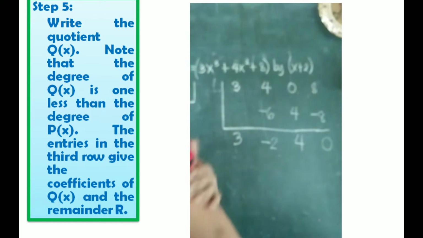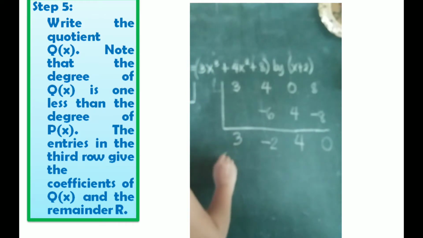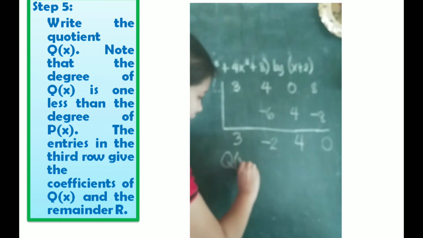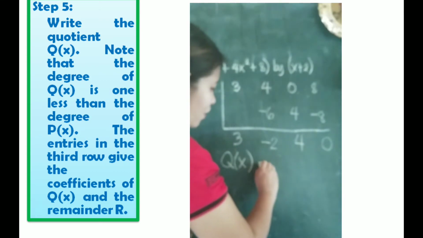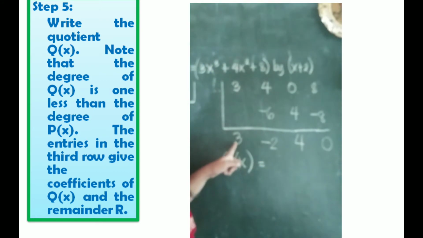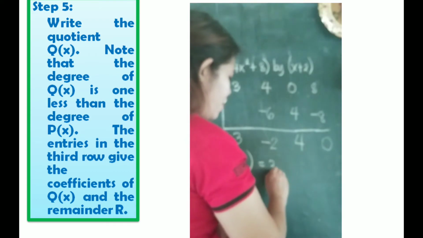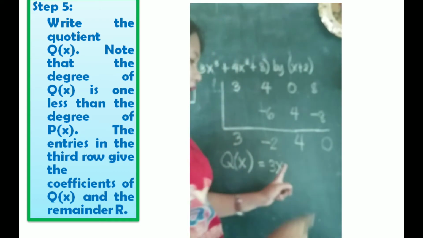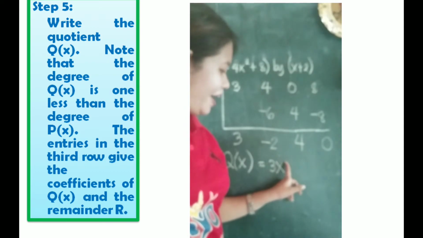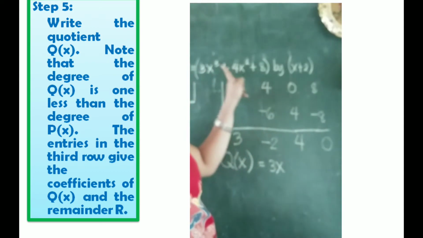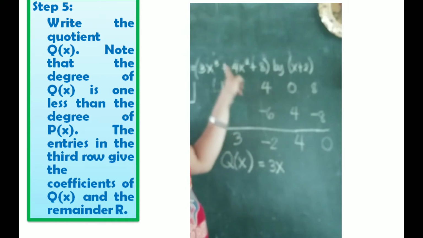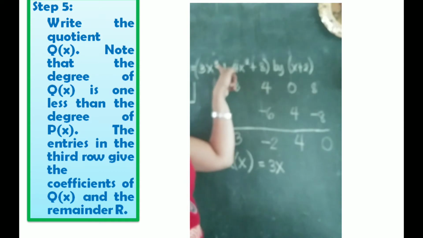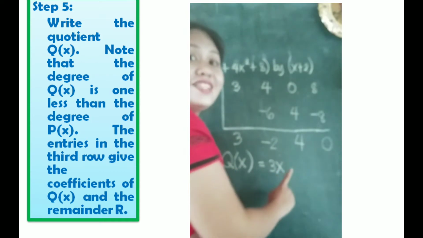So, how to write your q of x? q of x is equal to the first number, 3x, and the degree is 1 less than the degree of your dividend. Since the degree of your dividend is 3, the degree of your quotient is 2.